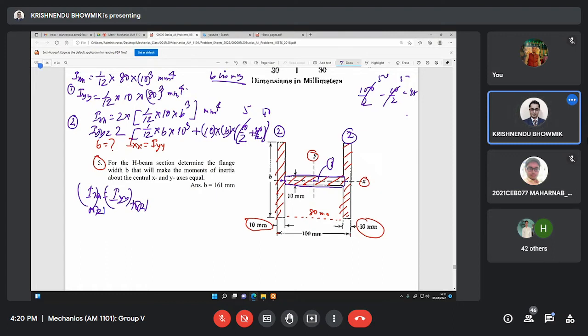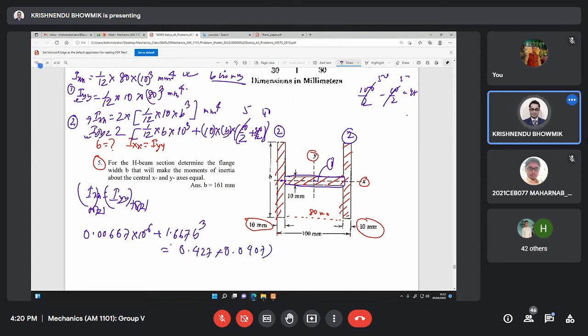If you add this plus this and this plus this, you can equate, then you will be getting some expression of 0.00667 multiplied by 10 to the power 6 plus 1.667 b cube equal to 0.427 plus 0.0407.